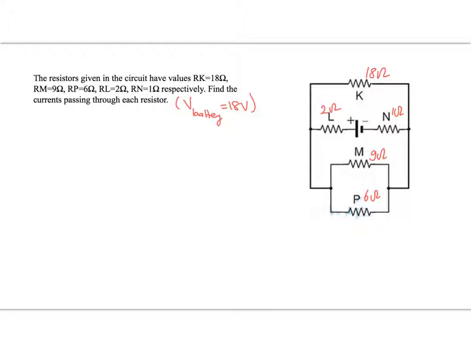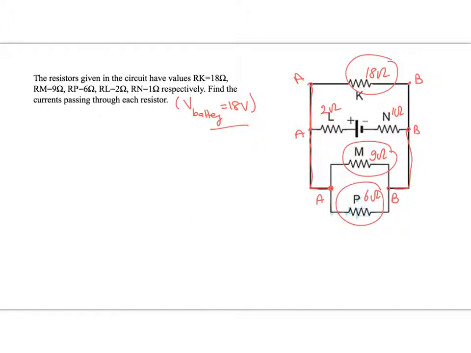In this example, the currents passing through each resistor are asked. Let's give the voltage of the battery as 18 volt. Now it may seem a little bit complex, so let's find which ones are in the main circuit and which ones are connected in parallel. Now if I label this point as A and this point as B, you see that we take the potentials A and then take the potentials B. So you see that 18 ohm are between the points AB, 9 ohm between the points AB, 6 ohm between the points AB.